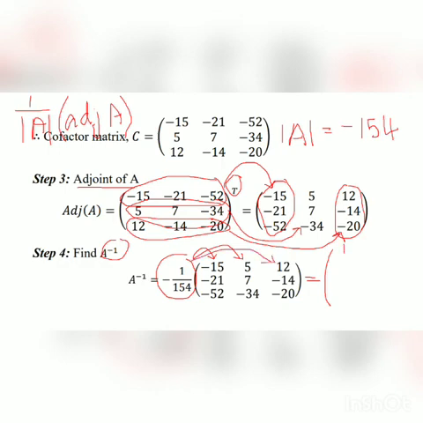Which equals 15 over 154, 5 over 154, all these negative over here, and so on. Then goes to the other values. By doing this, we are able to determine the inverse matrix of A.